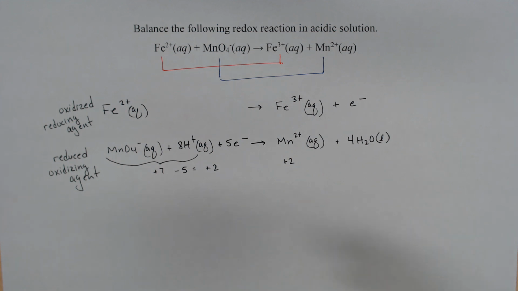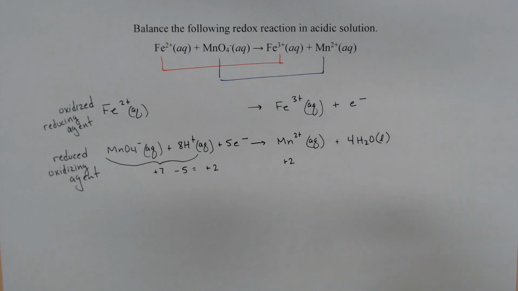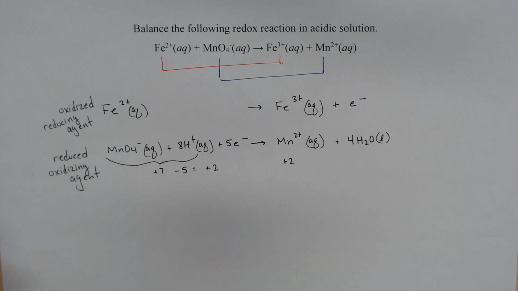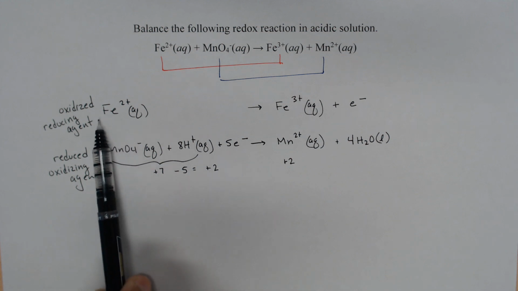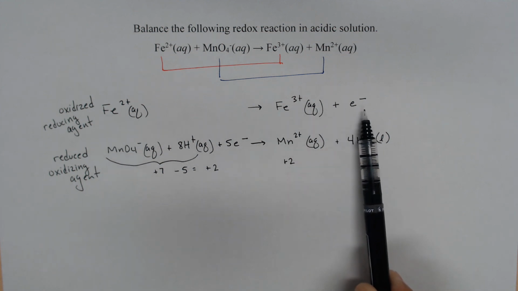Okay, let's get back to our balancing. We want to add these half reactions to give us the final balanced equation. But before we do that, there's one more thing we have to accomplish, and that is balancing the electrons transferred. Here, 1 mole of permanganate is gaining 5 moles of electrons, and 1 mole of iron 2 plus is losing 1 mole of electrons.